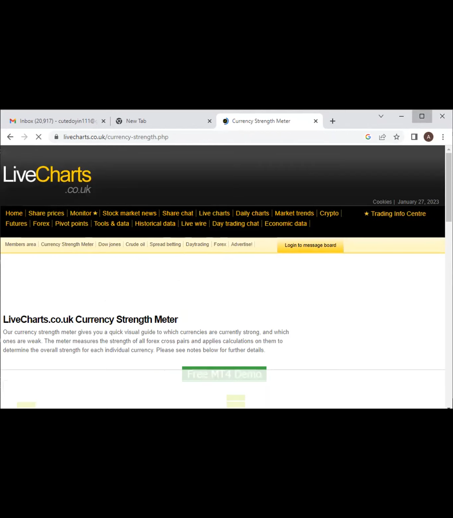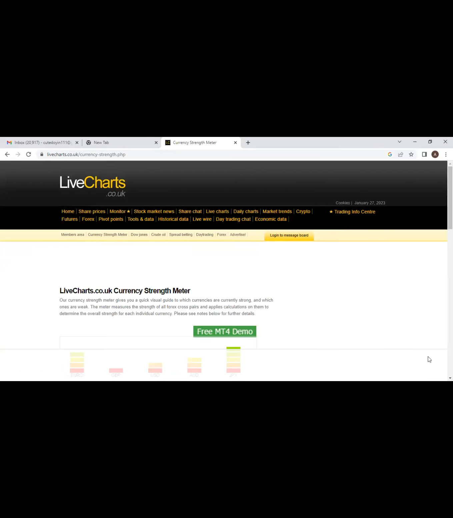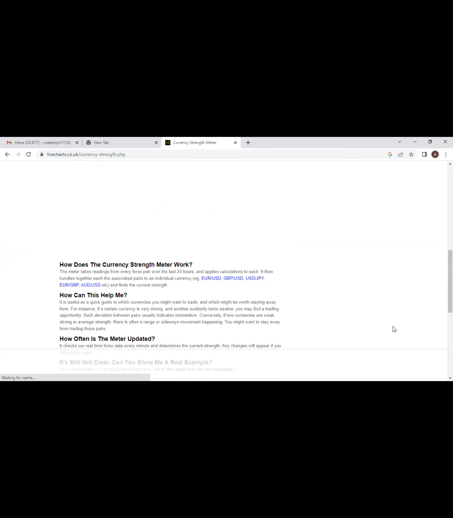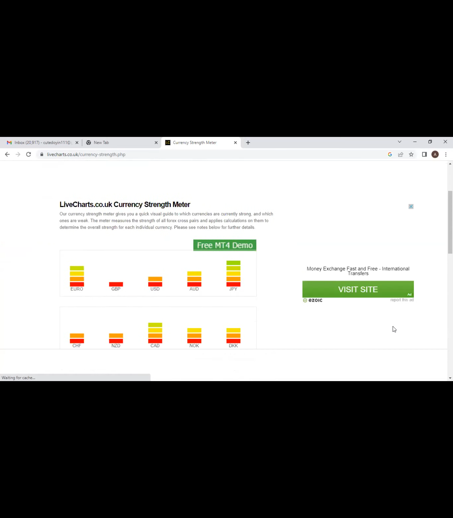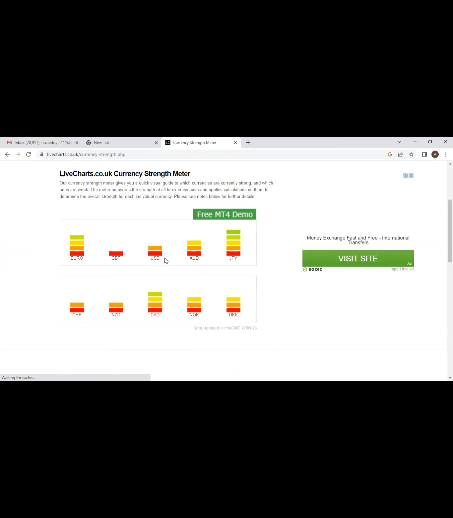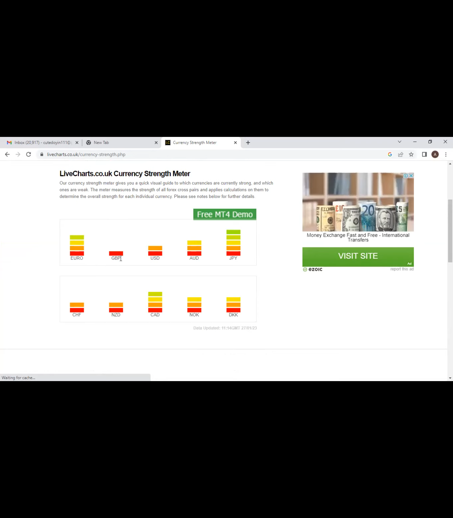Okay, good. So now looking at this, you see something like this when you open this site. You can see a list of currencies. This is euro. This is the Great Britain pound, GBP. You can see USD, you can see AUD.